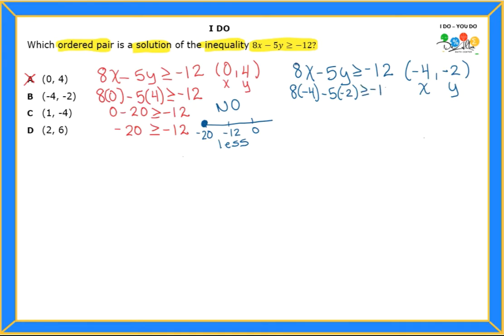Everything else stays the same. 8 times negative 4 gives me negative 32. And negative 5 times negative 2 is a positive 10. And I am going to write the rest. Let's perform the operation. Negative 32 plus 10 is actually negative 22, greater than or equal to negative 12. So the question is, is that true or false?